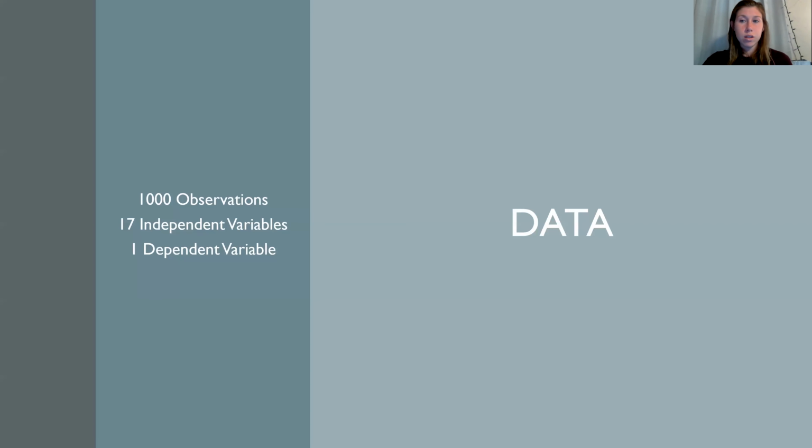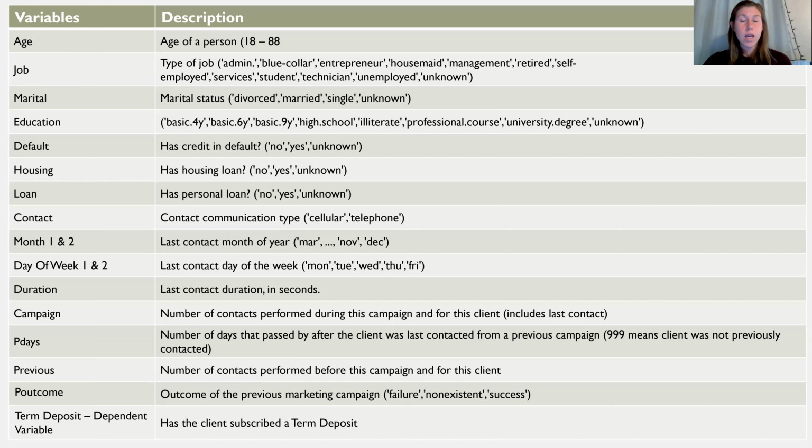A little more background about my data set. 1,000 observations, 17 independent variables, 1 dependent variable. And this is my data notebook for my dependent and independent variables.